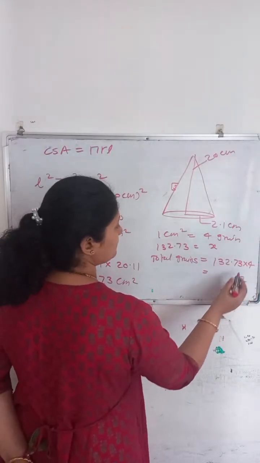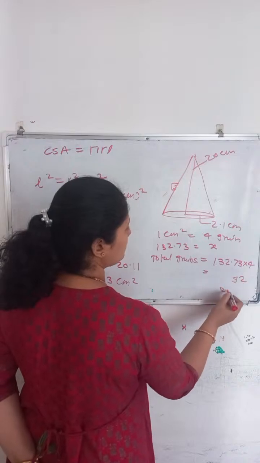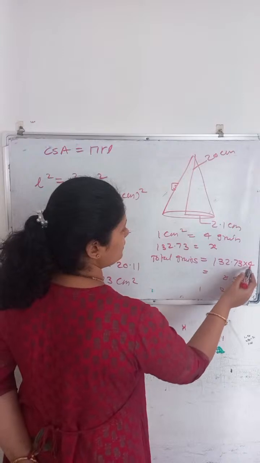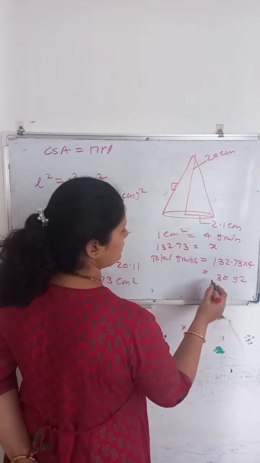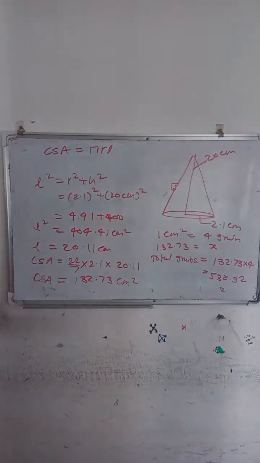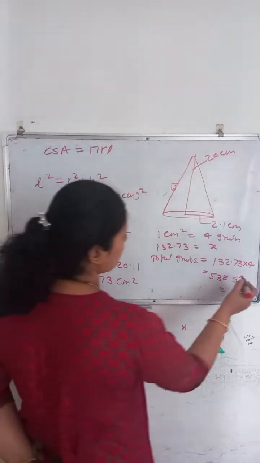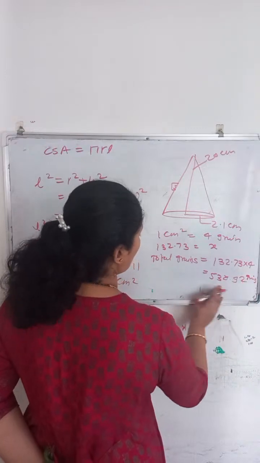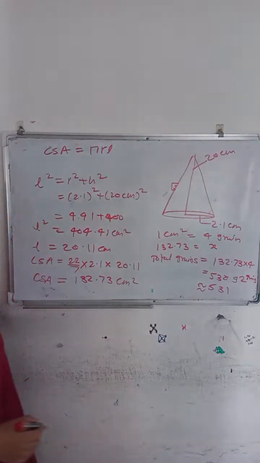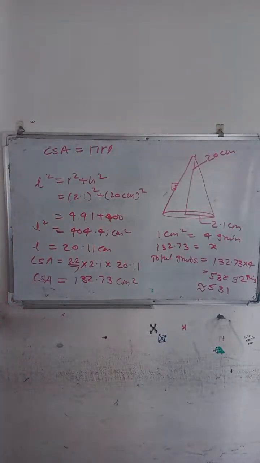So you get 530.92 grains. Or you can approximate it to 531 grains. Getting this? So this is the answer. Can you get this?